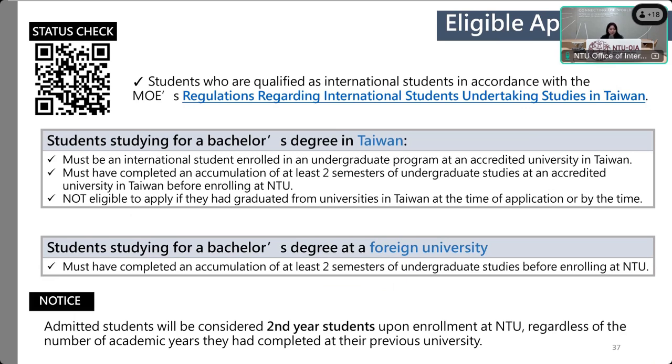Next is the student studying for a bachelor degree at a foreign university. They must have completed at least 2 semesters of undergraduate study before enrolling at NTU. Please note that admitted students will be considered second-year students upon enrollment at NTU, regardless of the number of academic years they have completed at their previous university.